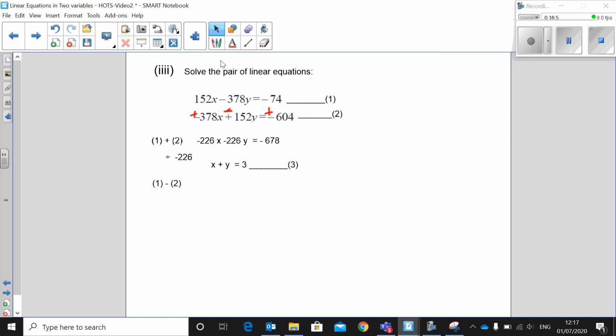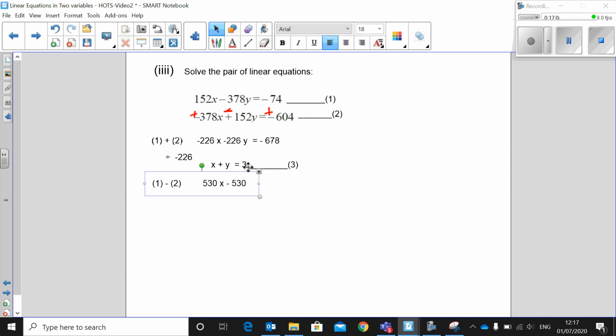Now it is 152 plus 378, which is equal to 530x, and minus 378 minus 152, which is equal to minus 530y, which is equal to minus 74 plus 604, that is equal to again 530. See that now the common factor is 530. Divide throughout the equation by 530.